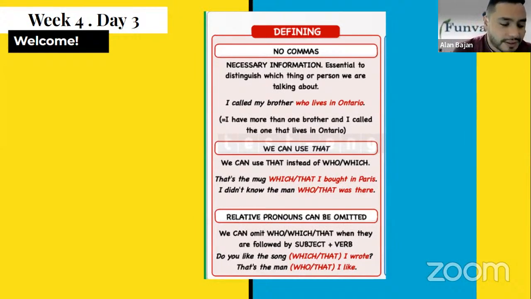For example, defining clauses do not have commas. With defining clauses, I'm able to use the pronoun that. And we will understand it more when we see the non-defining. But remember, we can use that with defining clauses.